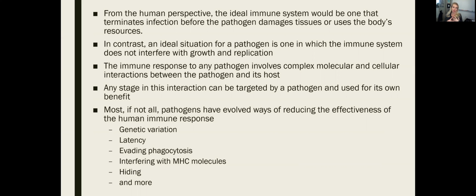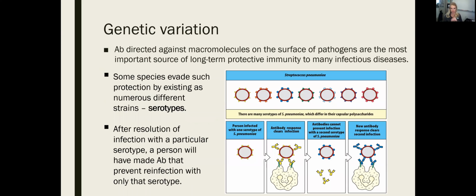They can interfere with MHC molecules because we know how important they are for showing peptides to T cells. They can plain up just hide. There's a whole lot of other ways that pathogens have evolved. We're not going to be able to cover all of them, nor would we want to in this course. We just want to give a brief overview.